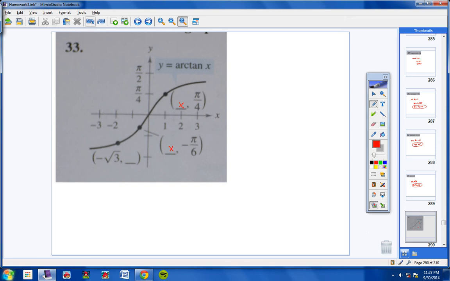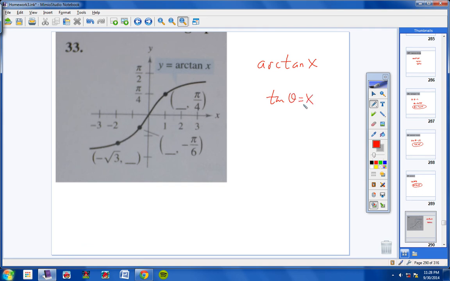Well, I think it would be helpful if we first of all rewrote this function right here in a way that we understand a little better, like this. Now, first of all, don't let this y confuse you. Remember, if I just had arc tangent x, you would write tangent of theta equals x, correct?